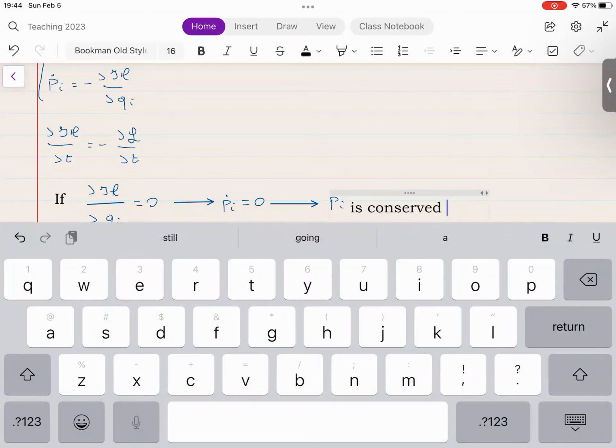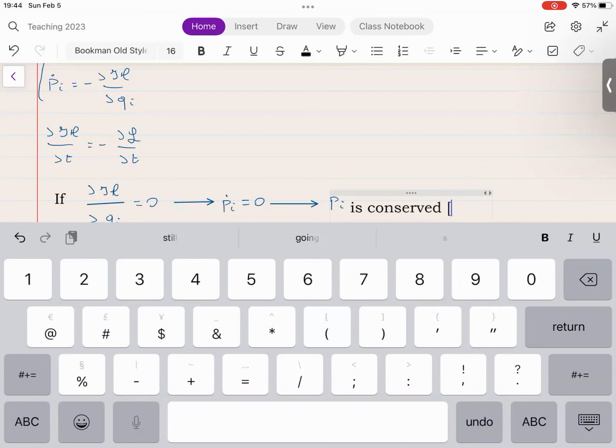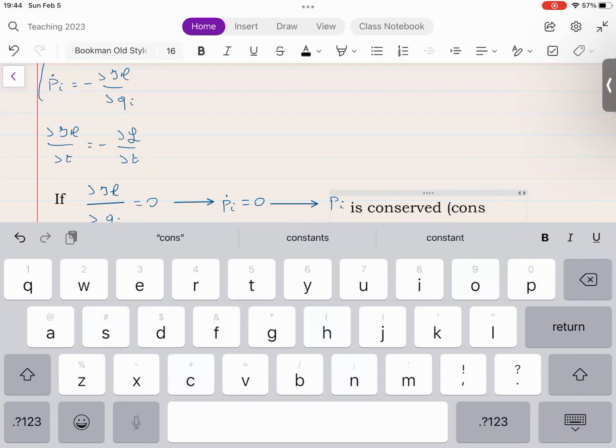That is, if you prefer, a constant of the motion.